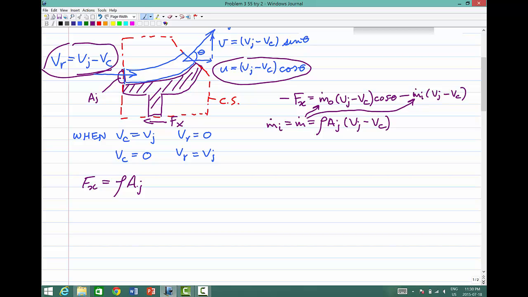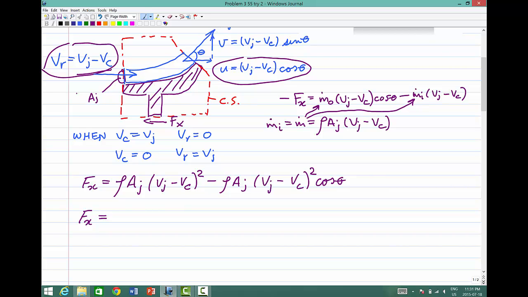And we're going to get (v jet minus v cart) squared, right? So F is going to become positive, and that's going to come over to this side, minus rho a jet (v jet minus v cart) squared cos theta. And so now we can collect terms, and we get Fx, the force required to hold the cart.